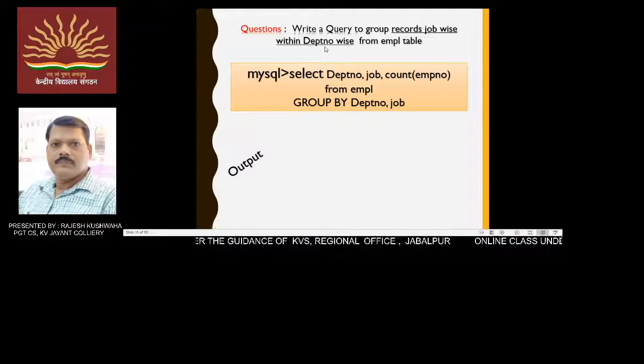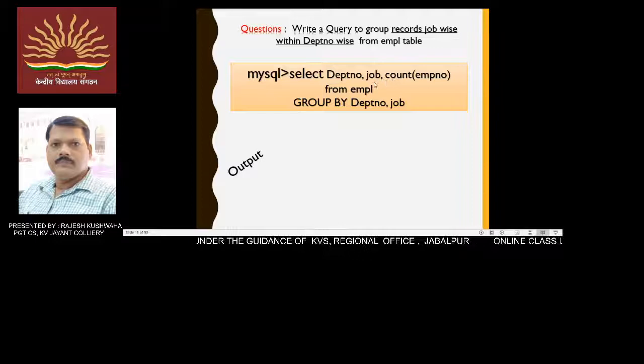Here we are using two columns which will be affected by the group by command from the table employee. So for that we write a query: select department number, job. Since in our question two columns are associated, we have to use the columns department number and job.